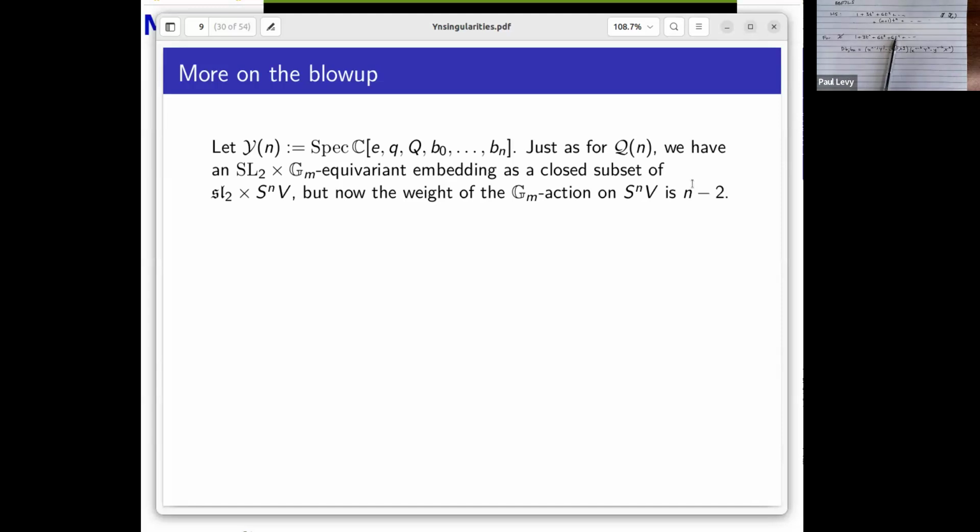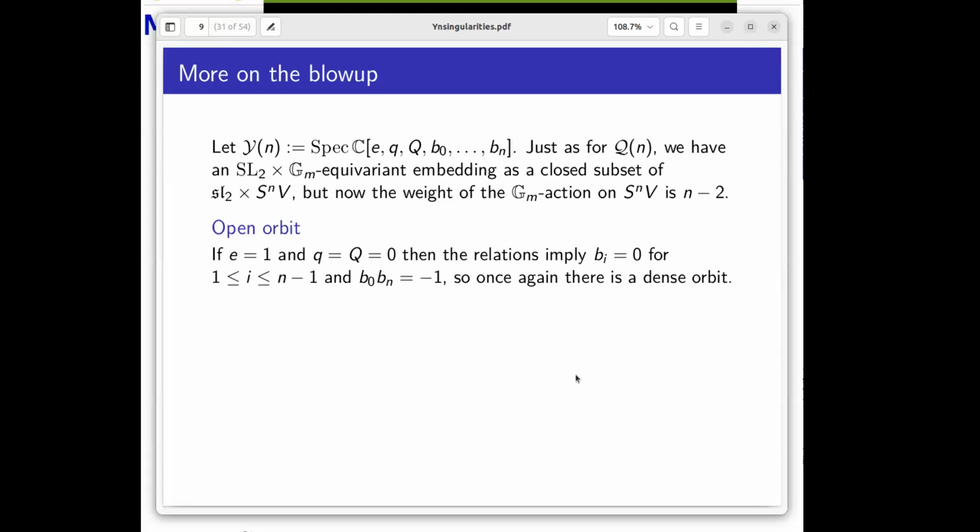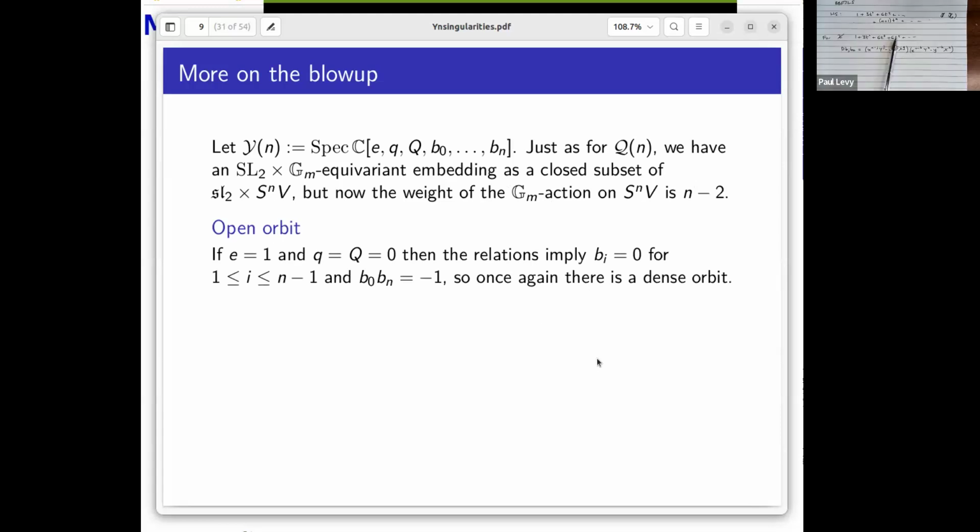This is the thing that I spotted that made me think we might be able to get this chi singularity in terms of some sort of blow up of the quotient singularity. Otherwise, it's quite similar. We also have an open orbit, and it looks quite similar.